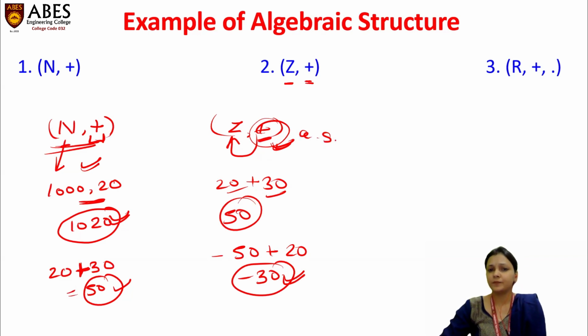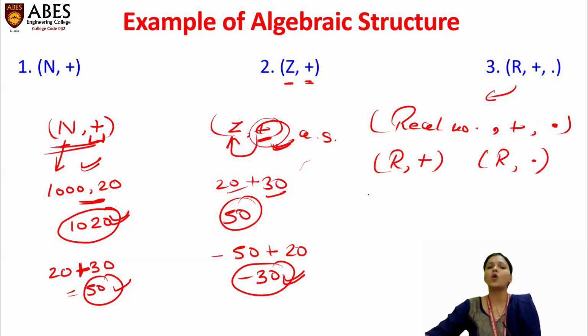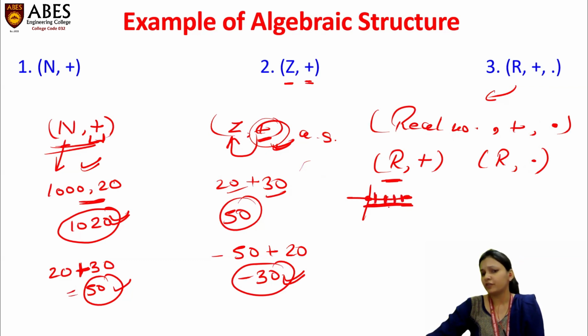The last example is the set of real numbers. R is the set of real numbers, which is equipped with plus as well as multiplication. For this, first of all we have to check real numbers with addition, and then we will check real numbers with multiplication. Real numbers are all the numbers on the number line, and we have to consider the decimal values also.